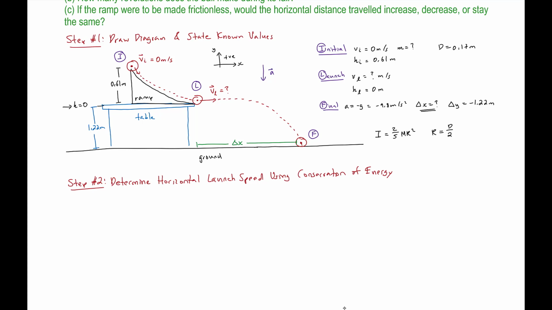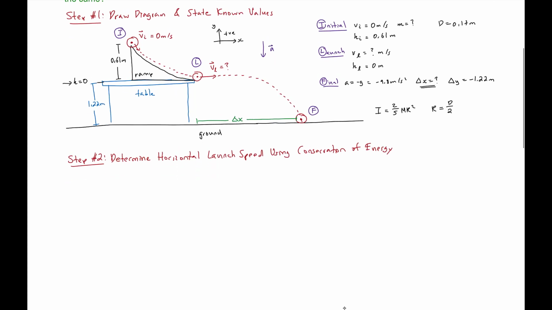So looking at the initial and launch phases, we see that there's translational and rotational kinetic energy involved, plus gravitational potential energy. So we're going to set up our conservation equation.